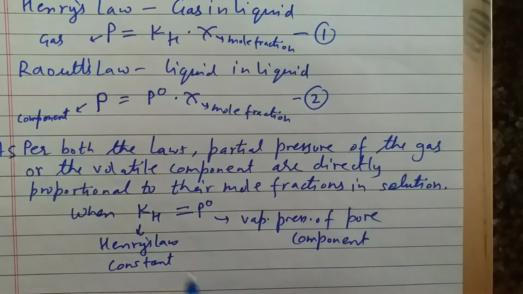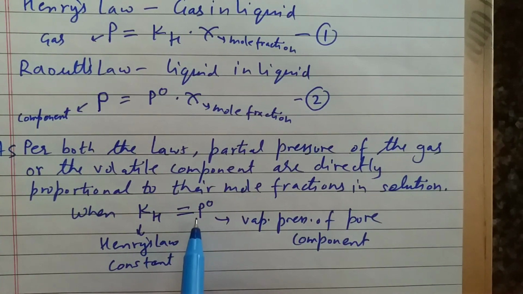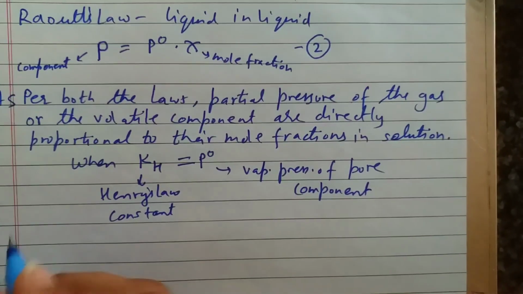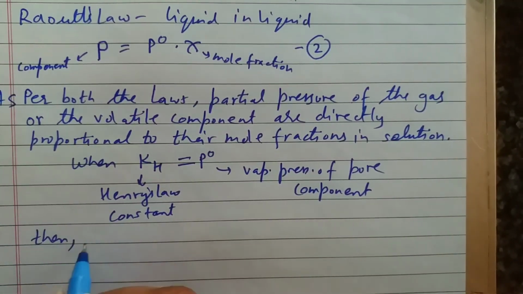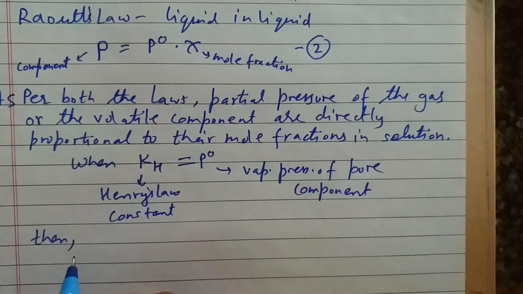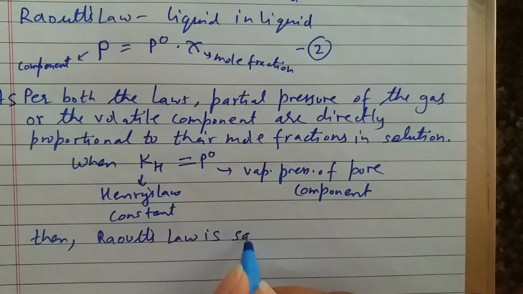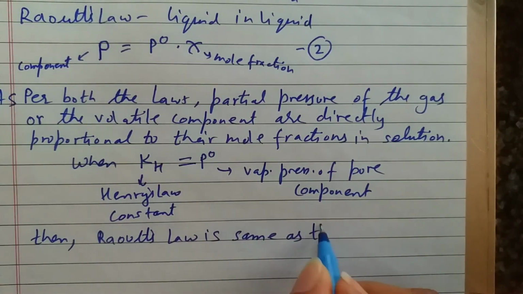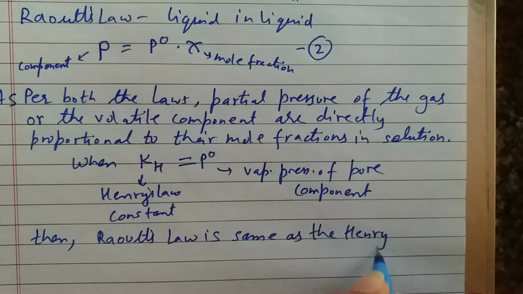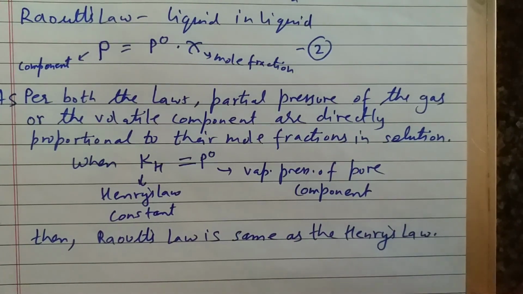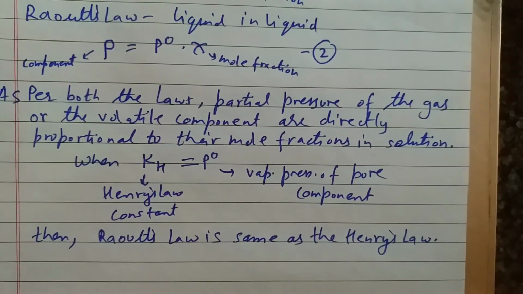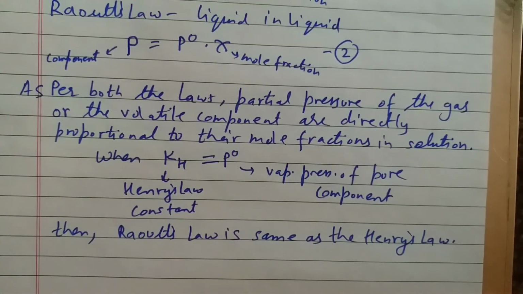Okay, so when the constant KH becomes equal to P naught, then the two laws are exactly the same, or you can say then Raoult's law is the same as Henry's law. So Raoult's law is nothing but a special case of Henry's law.